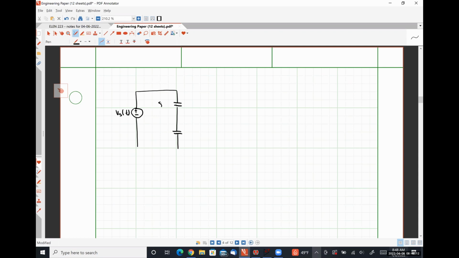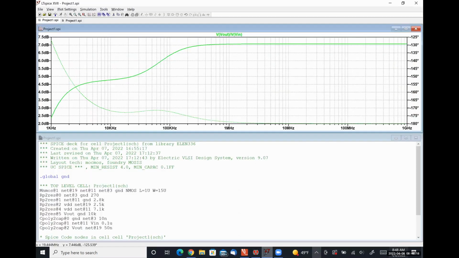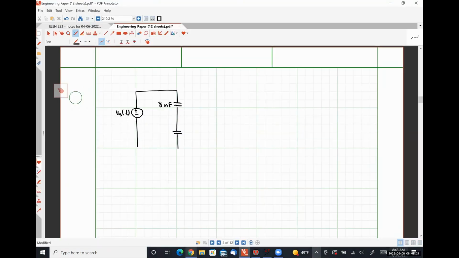One is an 8 millifarad capacitor, and one was a 24, I think. Sorry. 24. And these are connected in parallel. An inductor having a value of 20 millihenries.